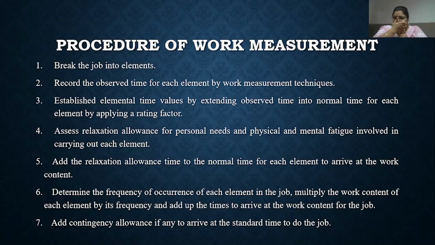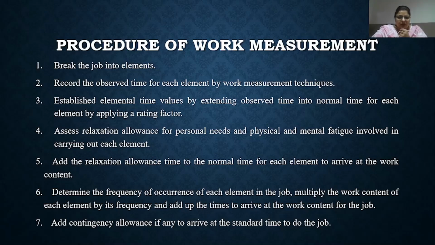Next is to determine the frequency of occurrence of each element in the job. Is the work repeating or not? Is the work going properly step by step? So we determine the frequency of that occurrence, multiply the work content of each element by its frequency, and add up the time to arrive at the work content for the job.